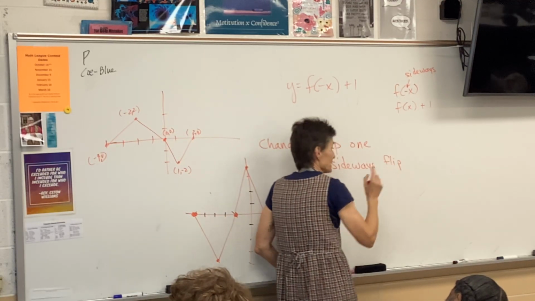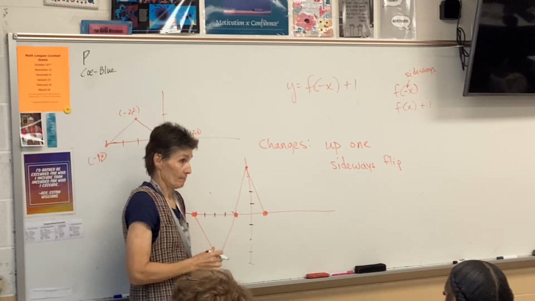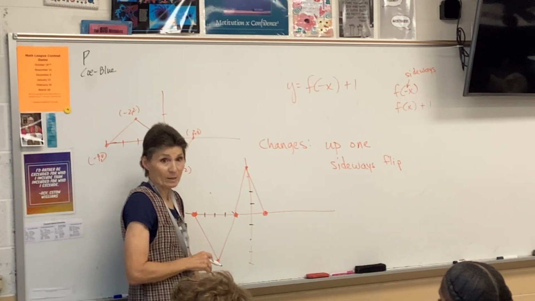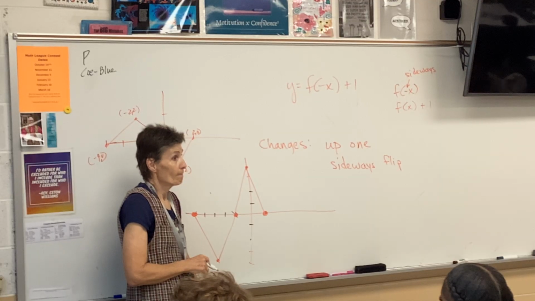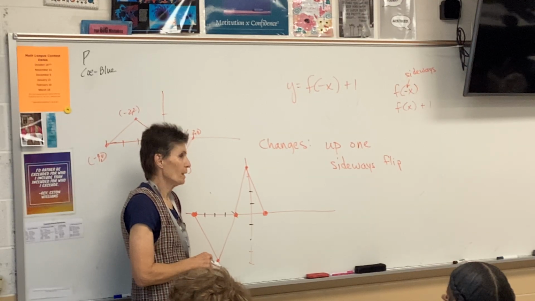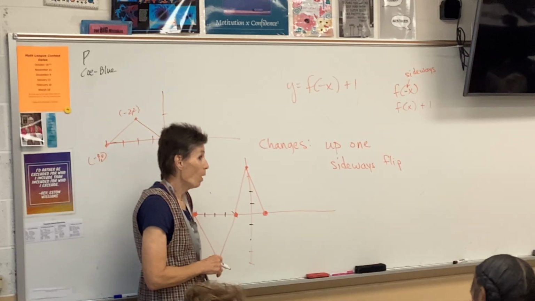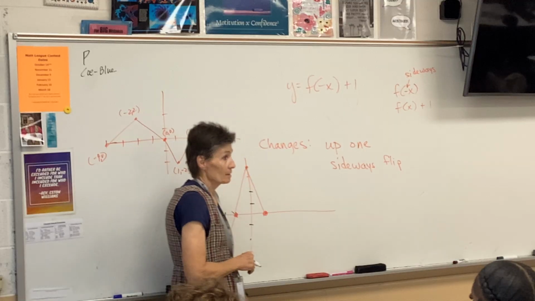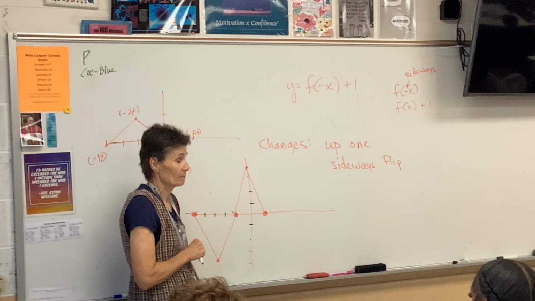And we're going to be specific. We're not just going to say up, we're going to say up 1. We're not just going to say flip, we're going to say sideways flip. Do we just say up instead of flip if we lose points? You have to say up 1, and you have to say sideways flip, because we can flip 2 different ways, and I need to know which way we're flipping.